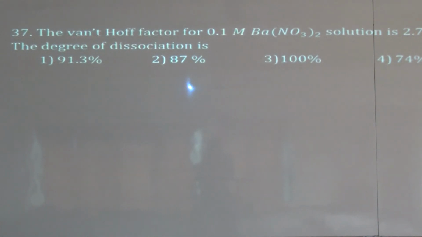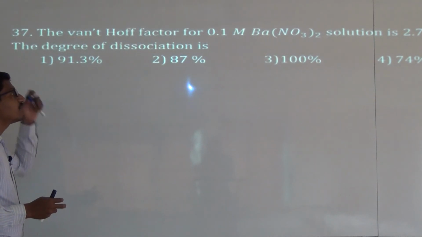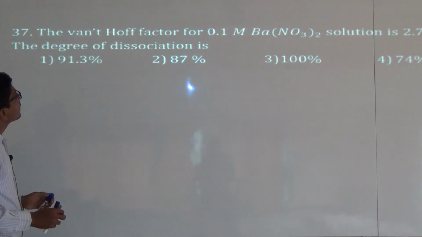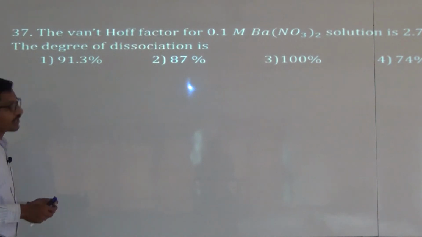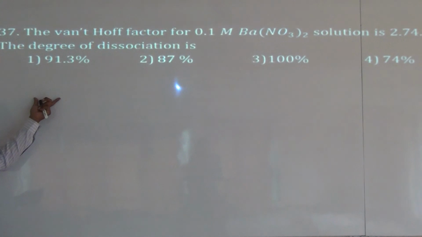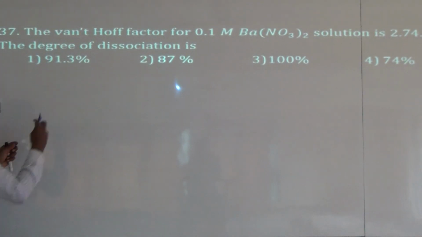Next question is, the van't Hoff factor for 0.1 m barium nitrate solution is 2.74. The degree of dissociation is, degree of dissociation means the barium nitrate is dissociated into its constituent ions.